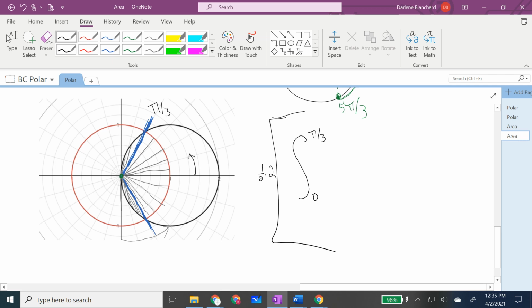because things change. As I travel from angle 0 to angle pi over 3, which function should I be integrating? I should be integrating the red function. And again, the formula is 1/2 r squared d theta.